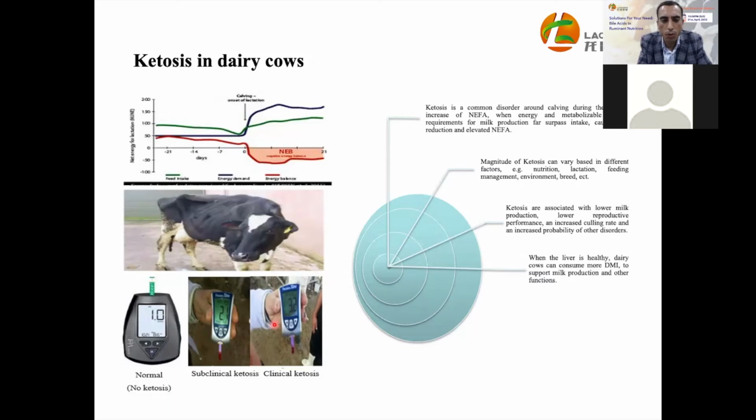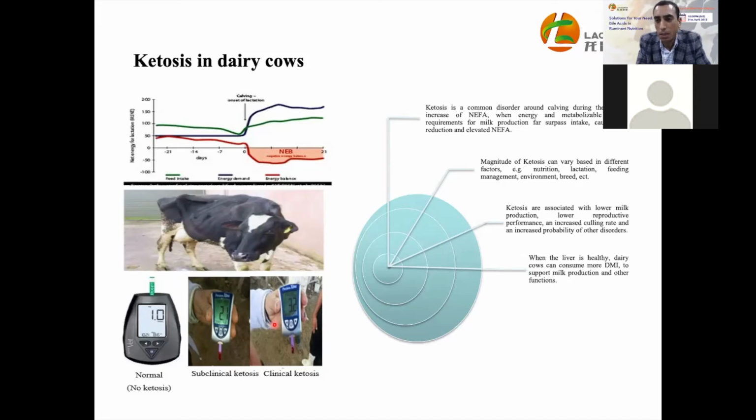There are also many solutions to deal with this, especially nutrition strategies and management strategies. As an example, adding a glucose precursor like propylene glycol in the feed and diet.